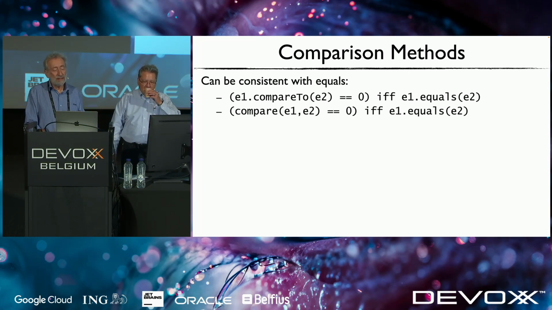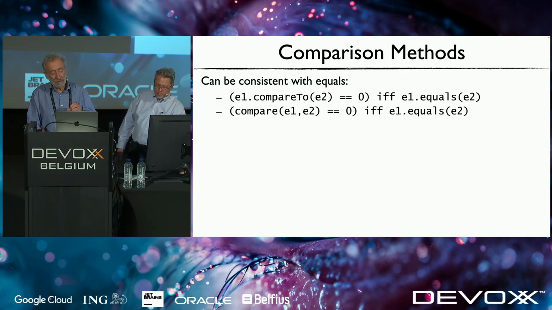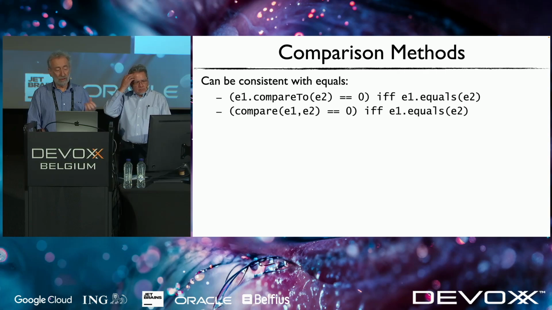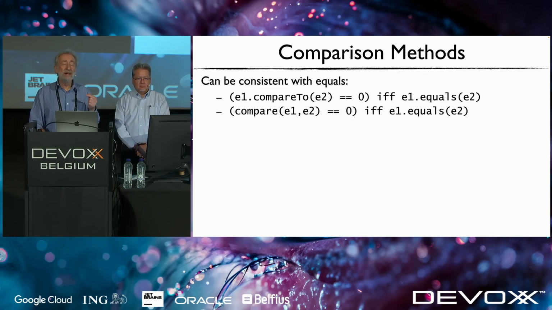A comparison method is consistent with equals if E1.compareTo(E2) or compare(E1, E2) returns 0 in exactly the same case that E1 equals E2. And lots of Comparable and Comparator implementations are exactly like that. For example, strings are.